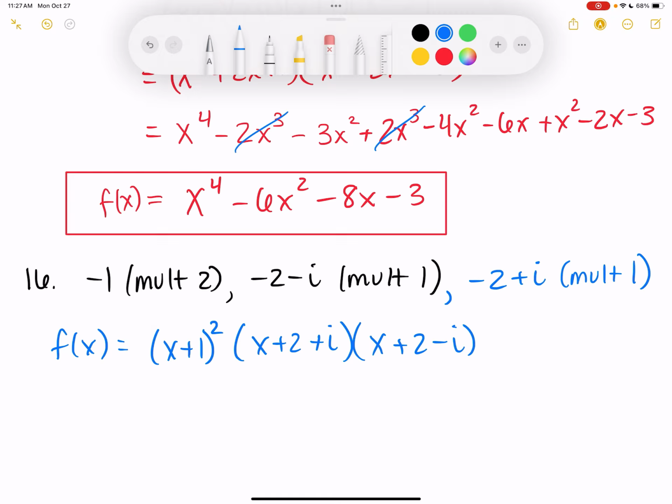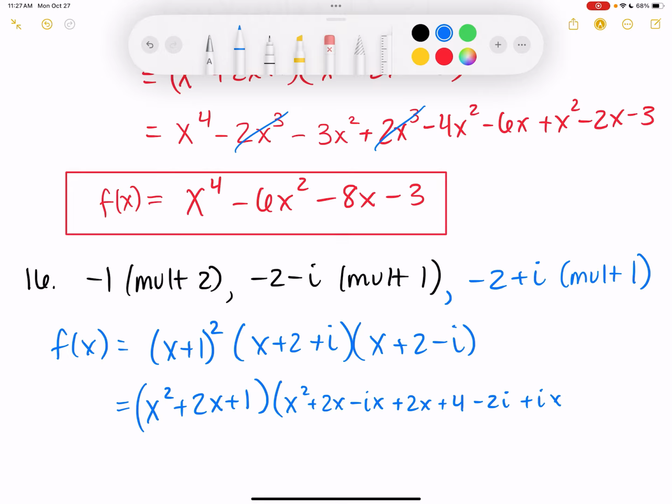Alright, so this right here is just a perfect square trinomial, so I'm not going to rewrite it. I'm just going to set it up. So this is x squared plus 2x plus 1. Then over here, we're going to just multiply everything through. So I've got x squared plus 2x minus ix plus 2x plus 4 minus 2i plus ix plus 2i minus i squared.